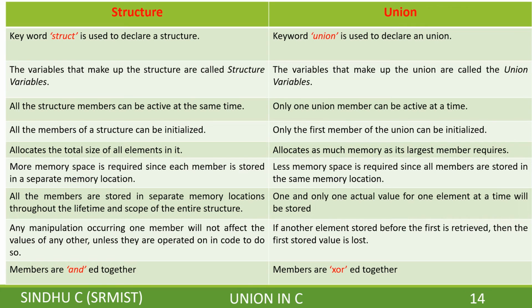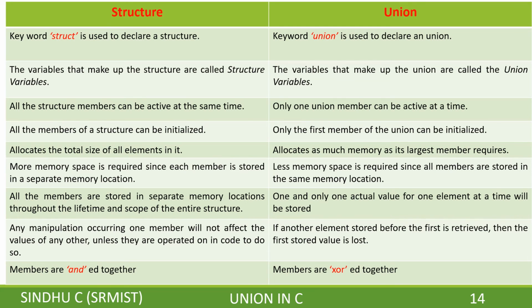Now, when it comes to structures, all the members are stored in separate memory locations throughout the lifetime and scope of the entire structure. In the case of union, only one actual value for one element at a time will be stored.